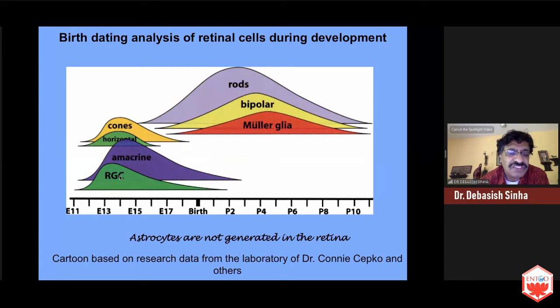So you can see retinal neurons, RGCs, amacrines, horizontal cells, bipolar cells being born and differentiating at different stages, right? So are the photoreceptor cells, cones and rods, and also one of the other glial cells that I'm sure you all are familiar with, Müller glia. But one of the interesting things is that the astrocytes are not actually retinal cells.